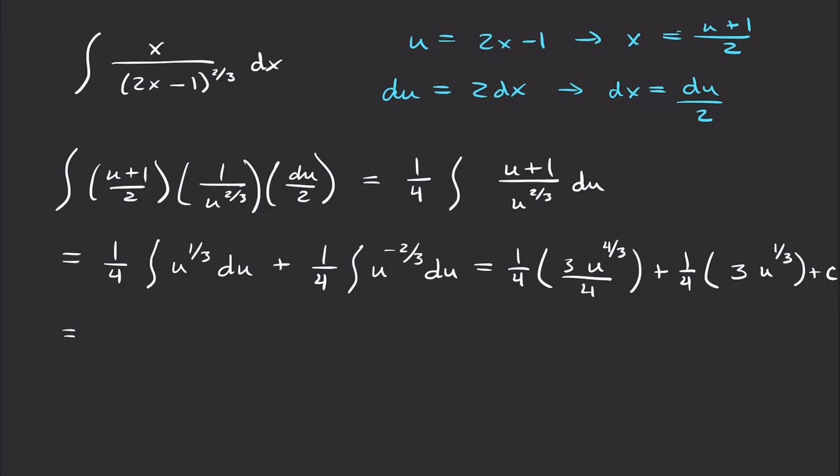And now if we simplify, we get 3 over 16, since that's 4 times 4, times (2x minus 1) raised to the 4/3 power, plus 3 over 4 times (2x minus 1) raised to the 1/3 power, plus c.